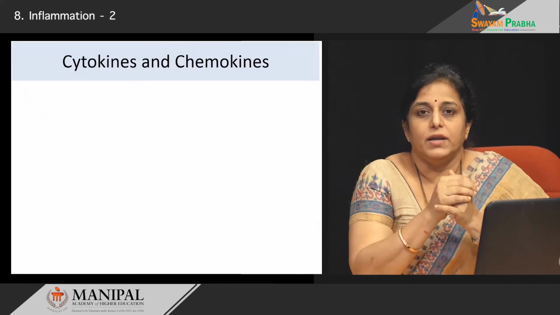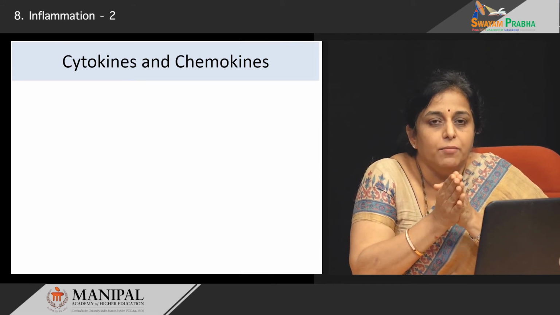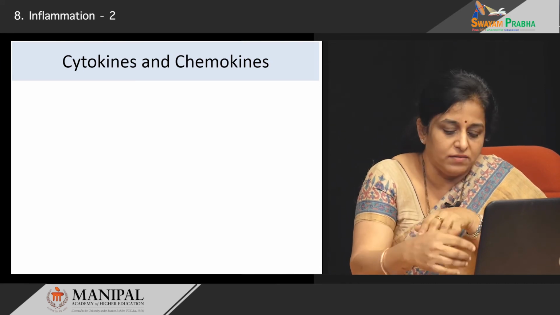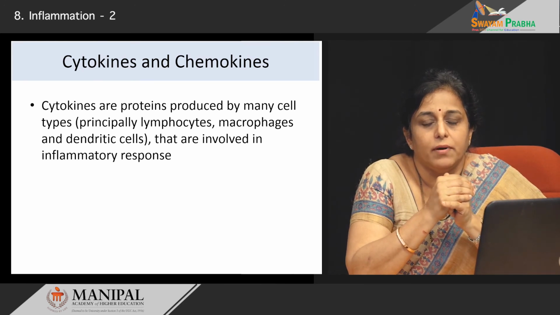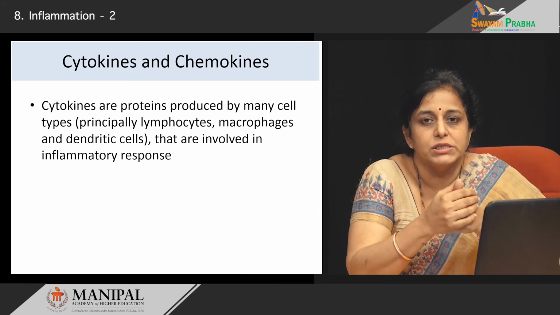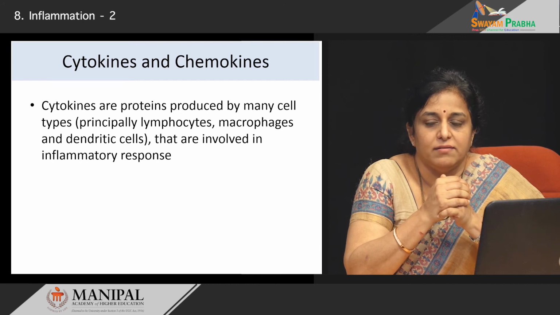Okay, next, coming to a group of chemical mediators that are again very important in inflammation: cytokines and chemokines. Now, cytokines are proteins that are produced by various cells like lymphocytes, macrophages and dendritic cells, and they are very important in the inflammatory cell response.